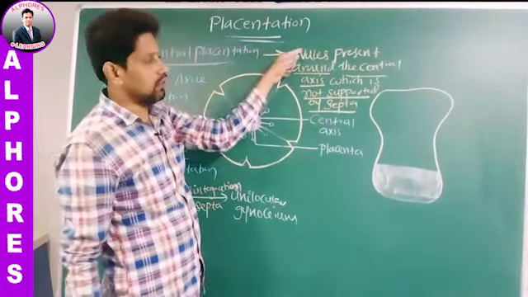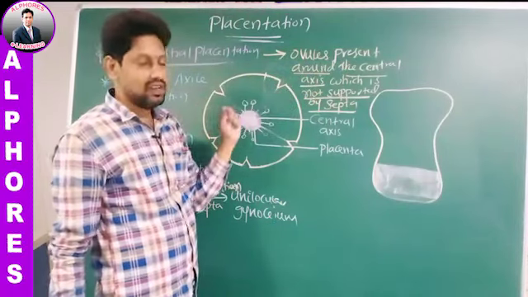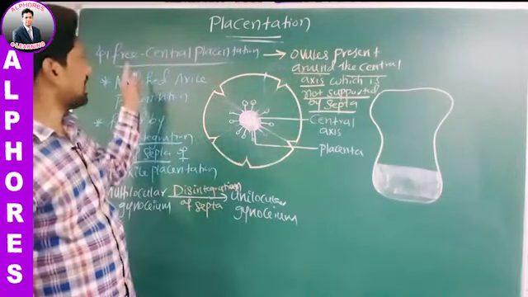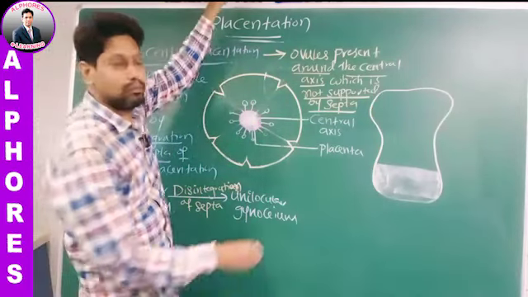Ovules are present on the central axis, and that central axis is not supported by the septa. This is free central placentation.